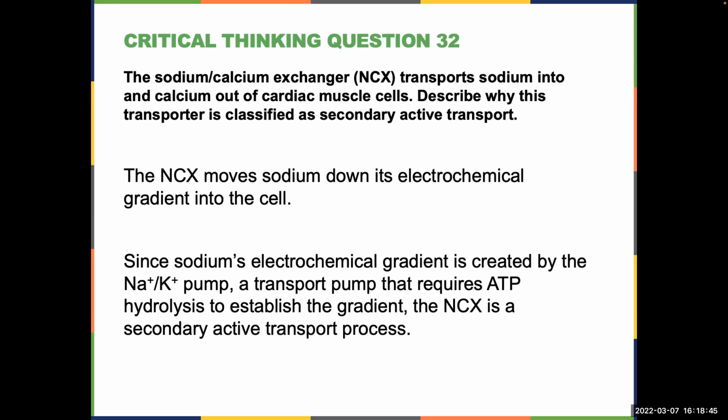It wouldn't have an electrochemical gradient to use if you didn't already create it with a sodium-potassium pump. So the sodium-potassium pump is the primary active transport using ATP to create this electrochemical gradient. And then the calcium transport is able to utilize this gradient that you've already established. So it's secondary active transport.